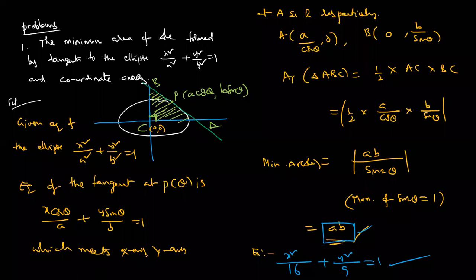Right on. Tangents are drawn from a point. Read the question. Tangents are drawn from a point on the circle.